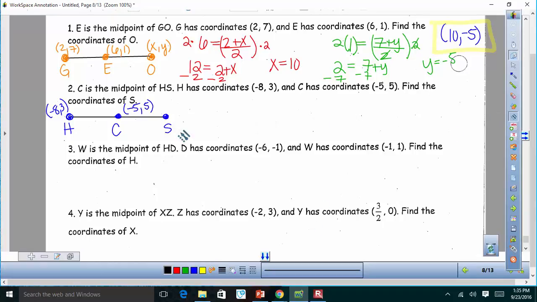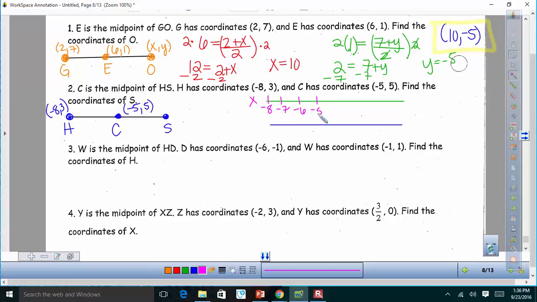Let's think of this as a number line, okay? I'm going to draw a number line for my X, and I'm going to draw a number line for my Y. For X, we started with negative 8, and we went to negative 5, so I'm going to start here with negative 8, negative 7, negative 6, negative 5, negative 4, negative 3, negative 2, negative 1, and 0.